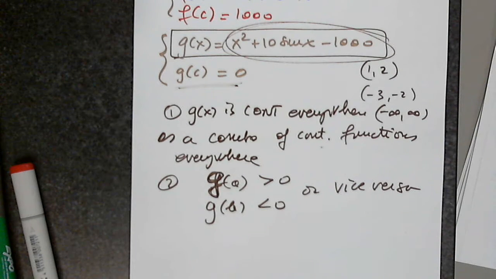So I'm going to plug in, I don't even know where to start, to be honest. I'm going to plug in -2, -1, 0. So there is a solution already at 0.